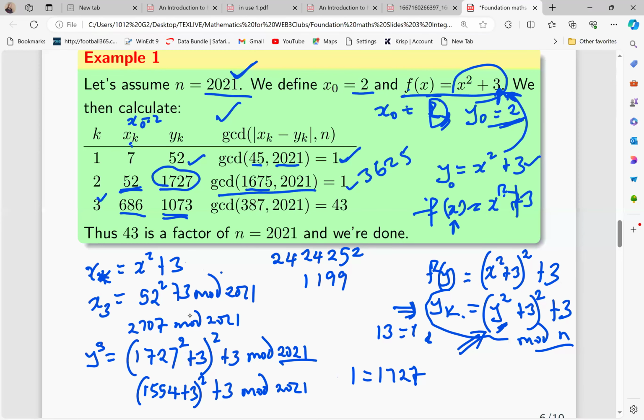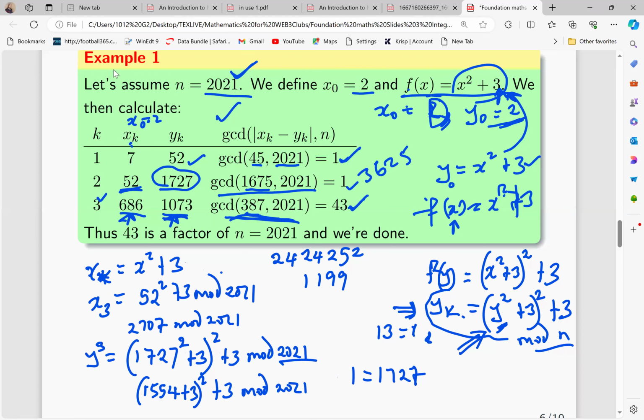Now subtract x3 from y3. You get 387. Find this GCD. When you do it, you find 43. 43 is not 1. So it means this 43 is a factor of n.